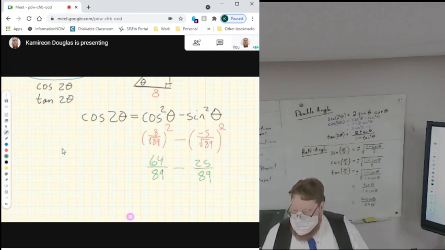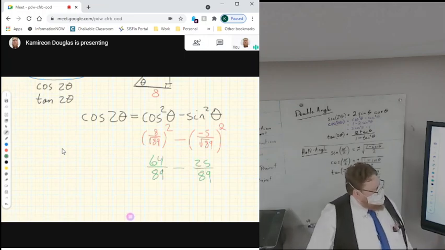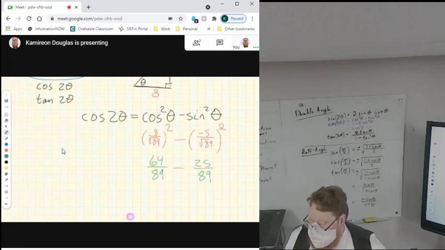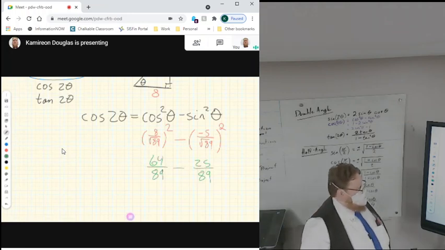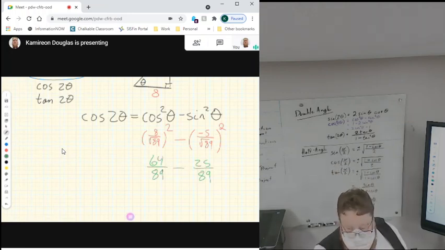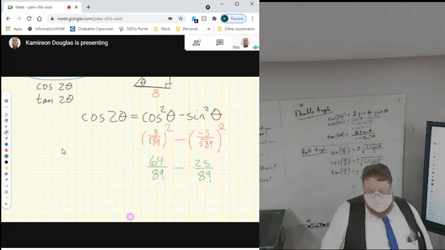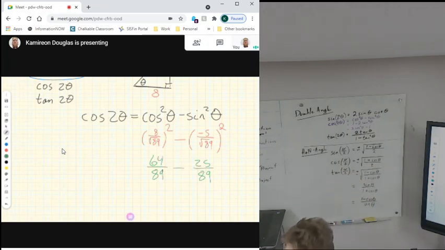Take a look. Make sure you understand where it came from. 8 squared is 64. Square root of 89 squared is 89. Squared and square root cancel. Minus negative 5 squared is positive 25. Remember, a negative times a negative would make it positive. 5 times 5 is 25. And square root of 89 squared is 89.